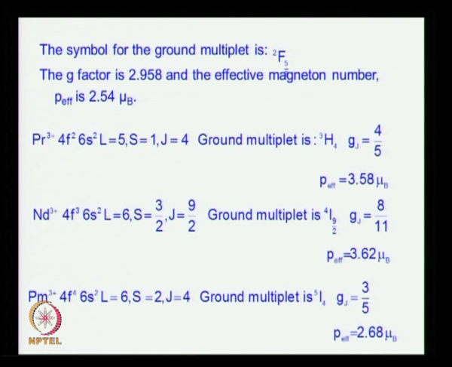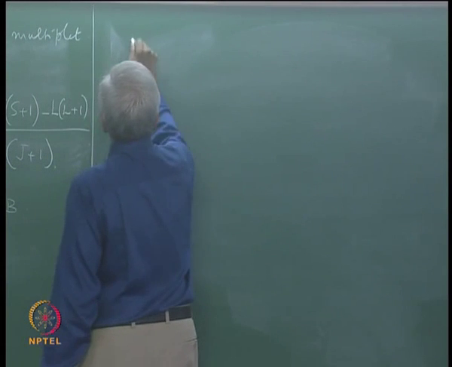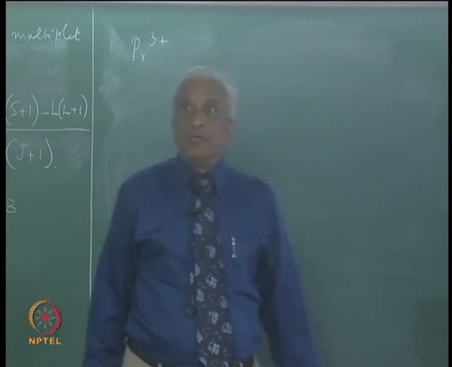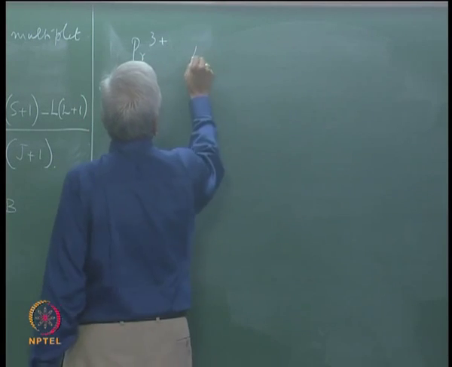So, following the same procedure for the other ions, let us move on to the next ion in the rare earth group, which has 2 electrons in the 4f shell. This ion is praseodymium 3 plus. So, it has 4f2.